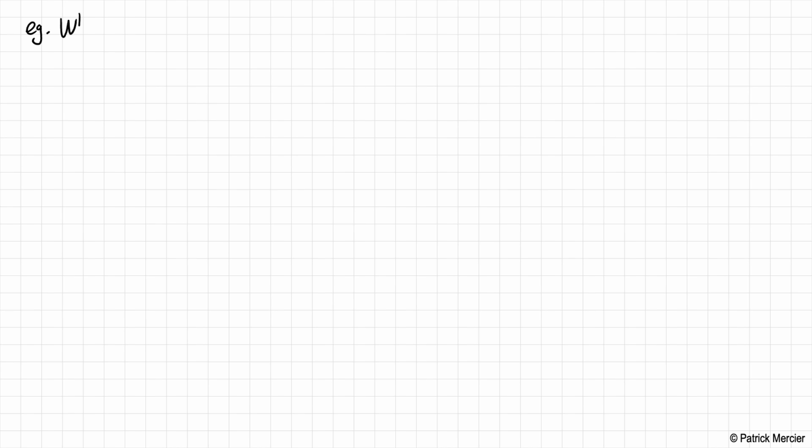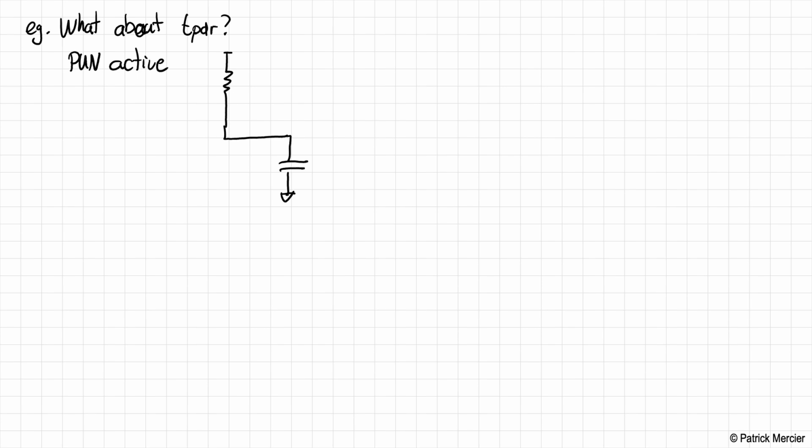So what about TPDR, the propagation delay for the rising edge? So as you recall, for a rising edge, the pull-up network is active. The pull-down network has been disconnected. So we can model our circuit as follows. We have a resistance for our PMOS transistor, and our loaded capacitance is the same. We have 6C here.